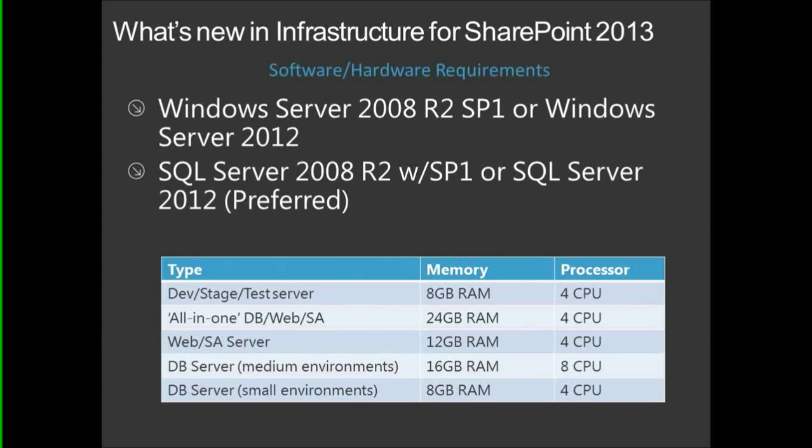If you want to just stand up a single server, that's 24 gigs of RAM and at least 4 CPUs that are allocated to that machine. So we're talking some significant levels of resources, even for lab environments. My lab environment's running 10 gigs of RAM for each one of my SharePoint servers, and then I've got a separate SQL server as part of it as well. And it runs fairly slow in terms of SharePoint functionality.